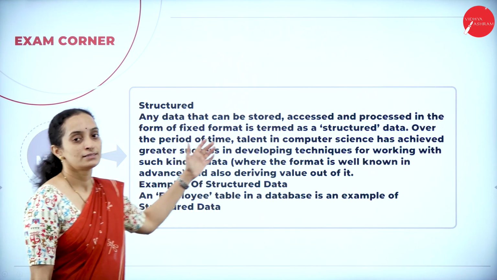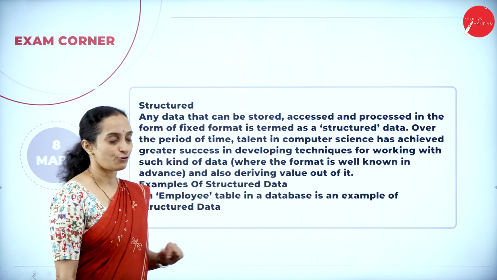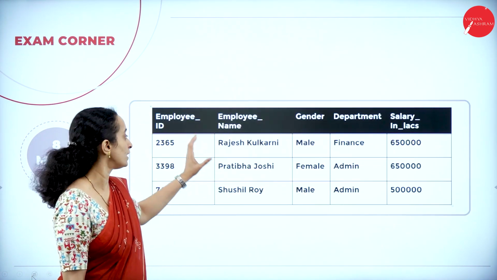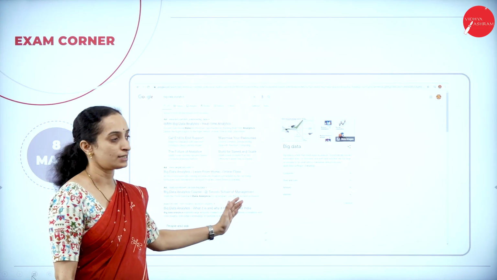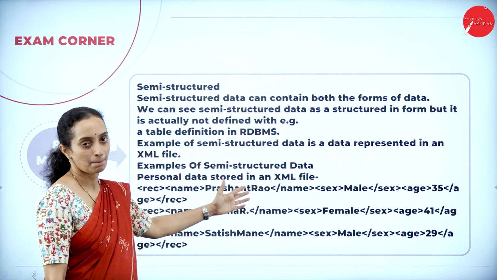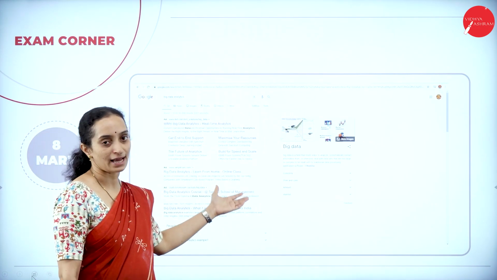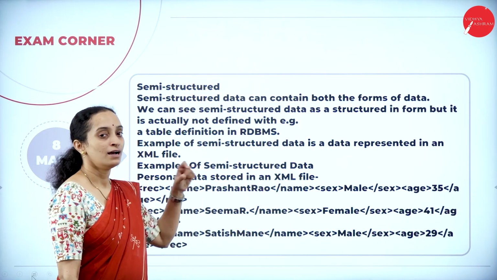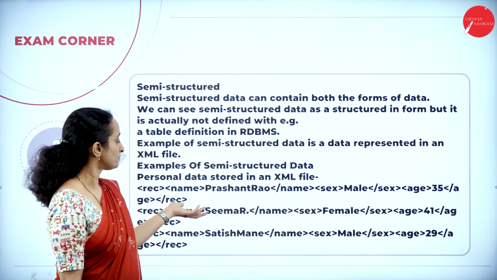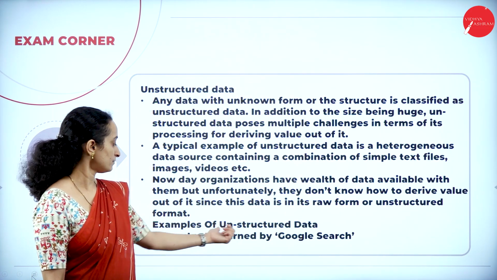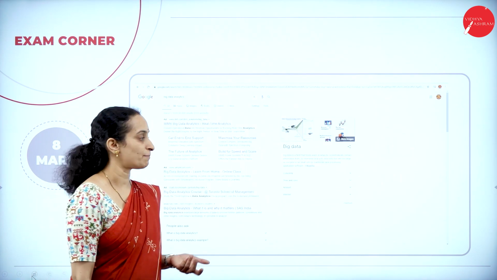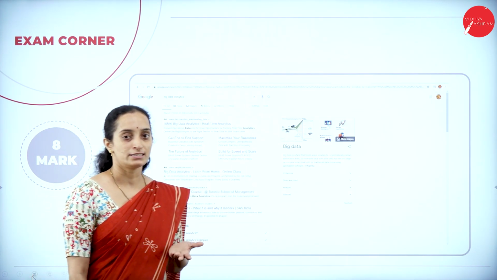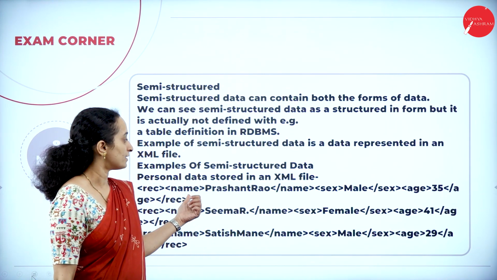We can add the explanation for each of the point: structured, semi-structured, as well as unstructured type of data. Okay, you need not write these diagrams. You can just give the example. Okay, like this. The output returned by the Google search is an example for unstructured data. You can add like that.